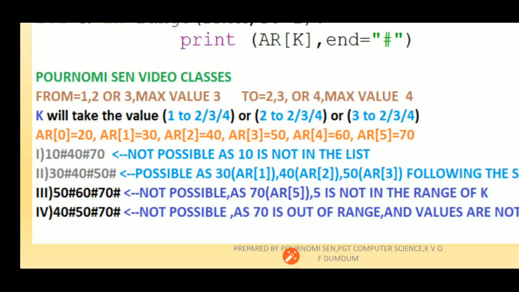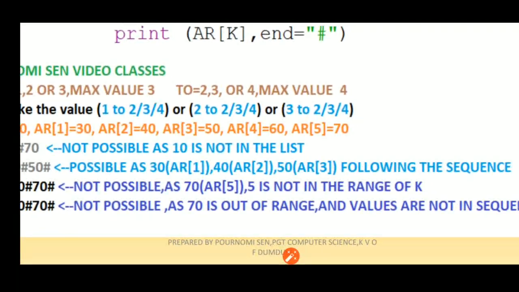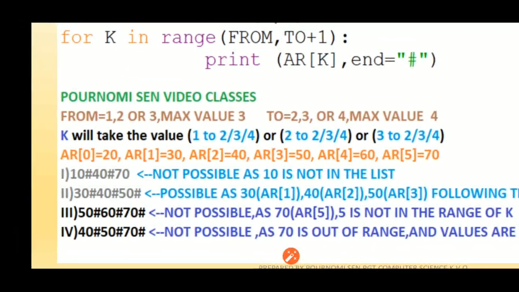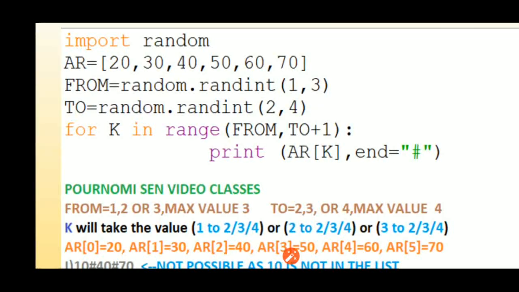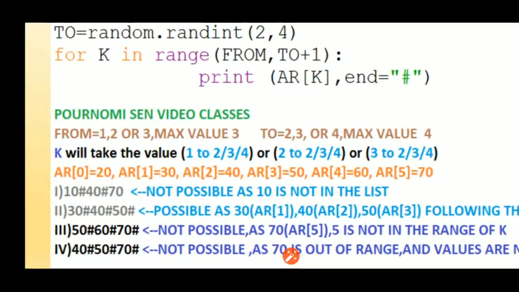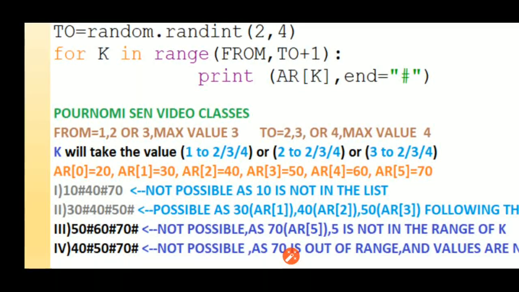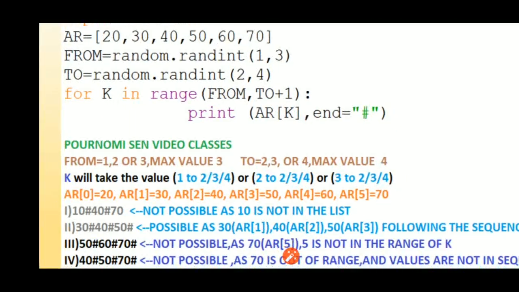This is also not possible as 70 is out of range and the values are not in sequence. See, 40 means AR[2], 50 means AR[3], so here we have AR[2], AR[3], and AR[4] is missing. So this cannot be a possible output. So only one possible output is there, that is the second option.